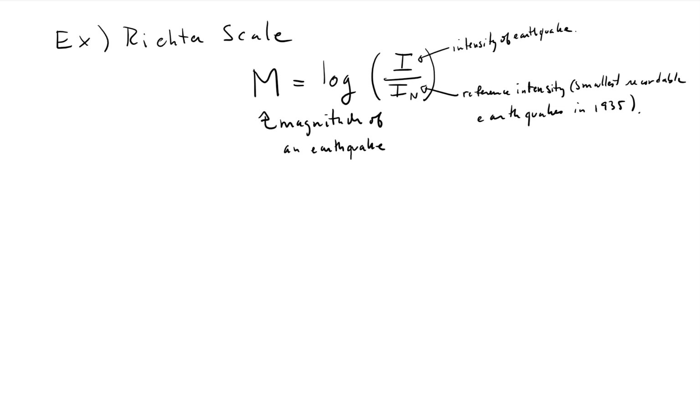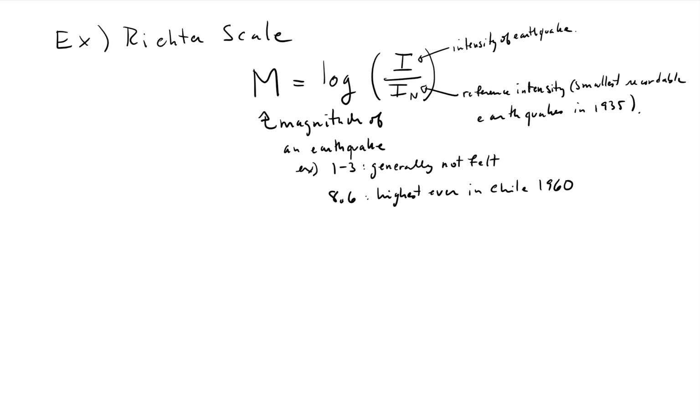So I'll write that down because that's kind of important for what's coming up. So 1 to 3, the magnitude generally not felt. 8.6 is the highest ever, in Chile in 1960.